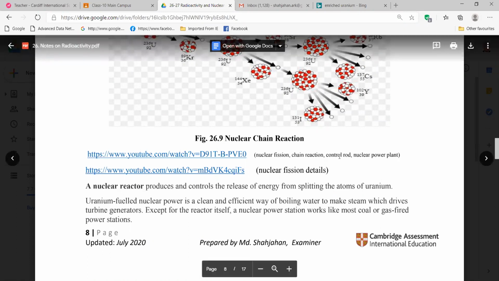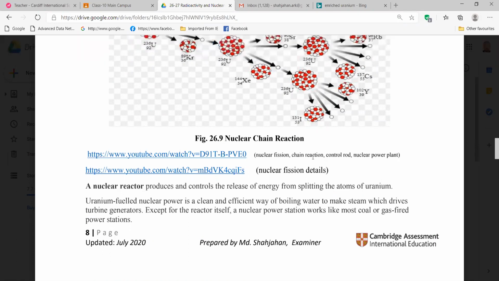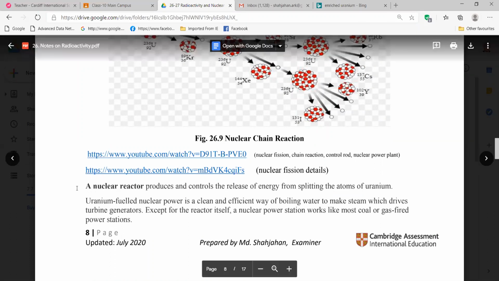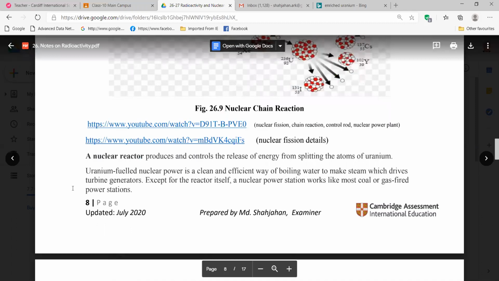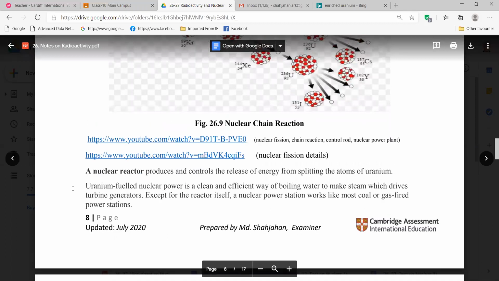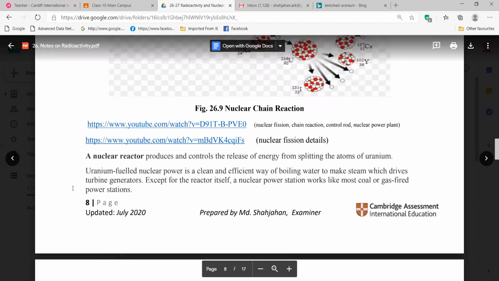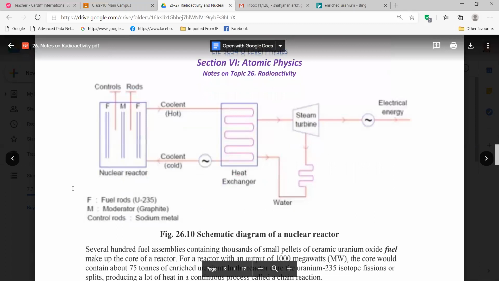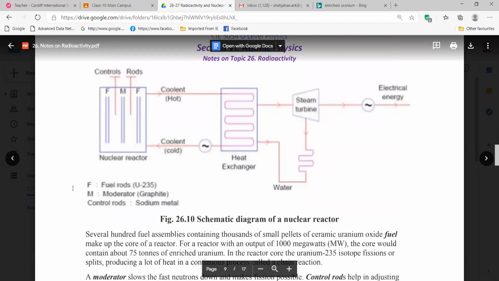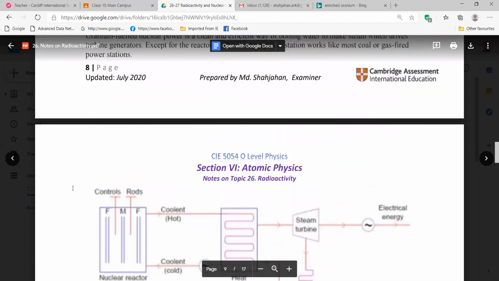There will be control rods and a moderator, and those will control the nuclear chain reaction. The uncontrolled one will be controlled. In another video, you will see nuclear fission in detail. You will get lots of things over there. So here we have the nuclear reactor. How does it work? There will be more discussion on it. You see, here we have fuel rods, moderator, and control rods, and how they are working.